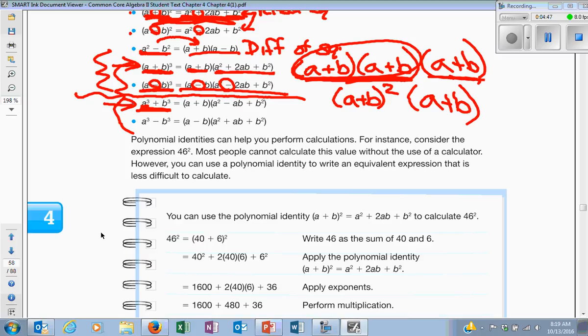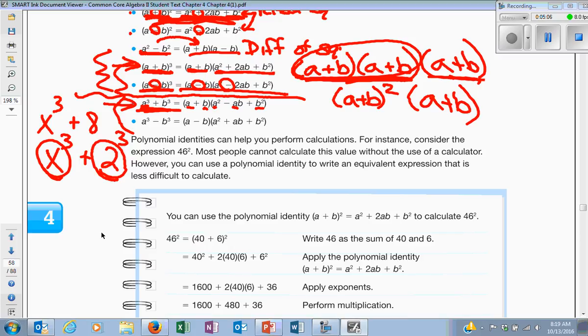Right here, this is a totally different form, and what we did is, if I had x cubed plus 8, we realized, wait, that's x cubed plus 2 cubed. The reason I need that is because I need my a and I need my b, and we would just fill in all these different spots. You with me?